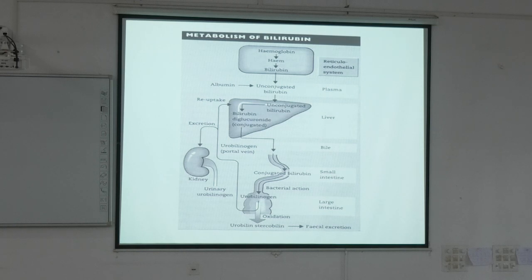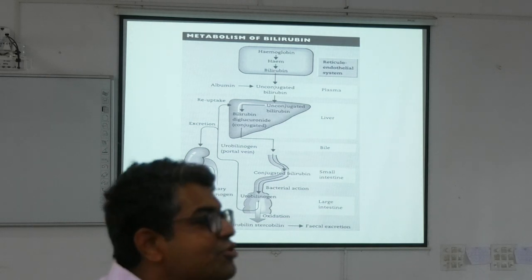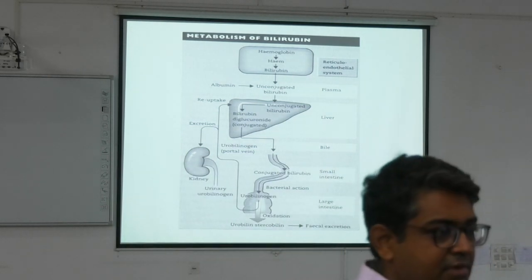And this urobilinogen from your liver will go back to your intestine again to form bile salts. You are using these bile salts to break the micelles of fat so that you can absorb them.